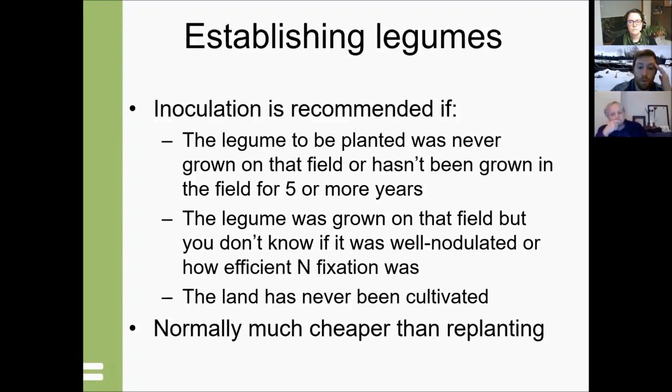Also, if you don't know whether you have grown that plant on that field, or if inoculation went well, or if fixation was very good, inoculation is also recommended. It's also normally a whole lot cheaper than replanting. No one wants to go through the whole process again when you could just get a cheap inoculant and a cheap sticker to make sure things go correctly.